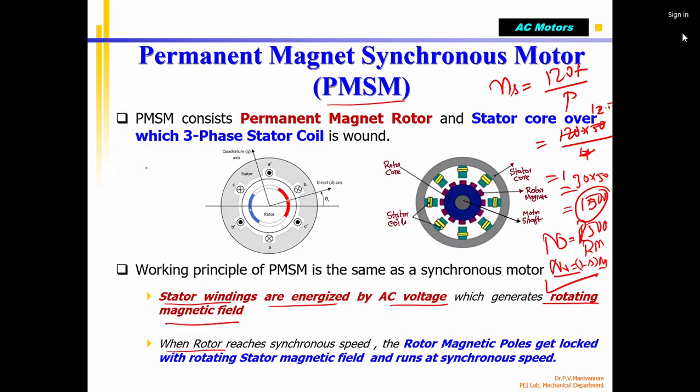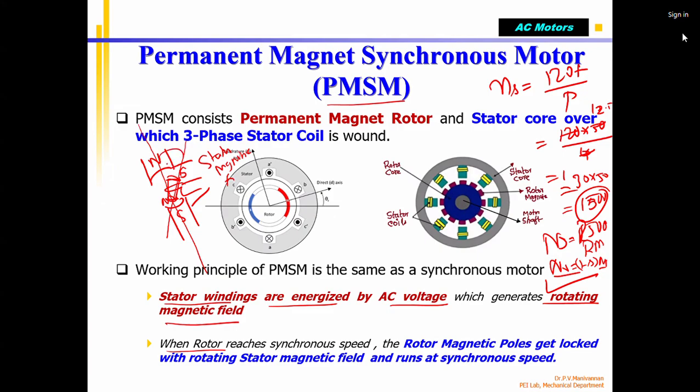For example, at a given instant, this is the north, this is the south, this is the stator magnetic field. Now my rotor is something like this, I have a coil, and this is south, this is north. Please note the magnetic axis of the field is like this, the rotor is like this, there's an angle.